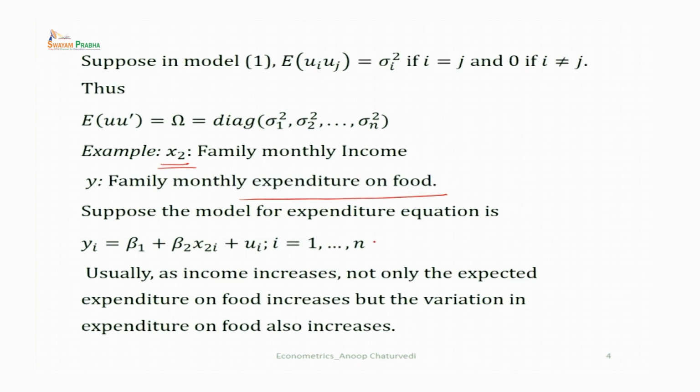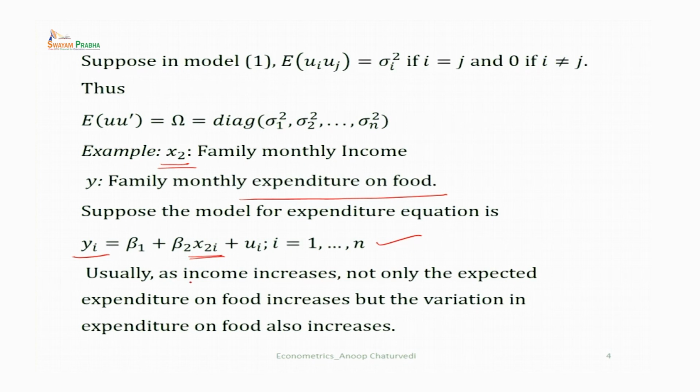So, this is your model. Here family income is your explanatory variable and family monthly expenditure on food is your variable to be explained by the model, or dependent variable.